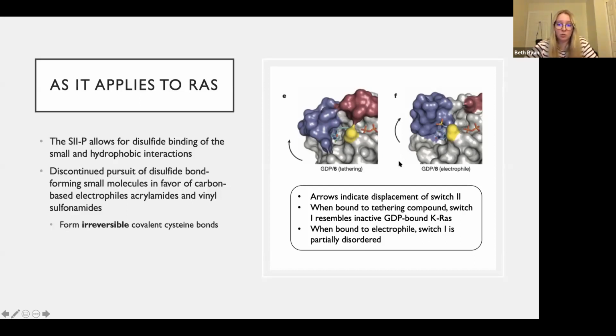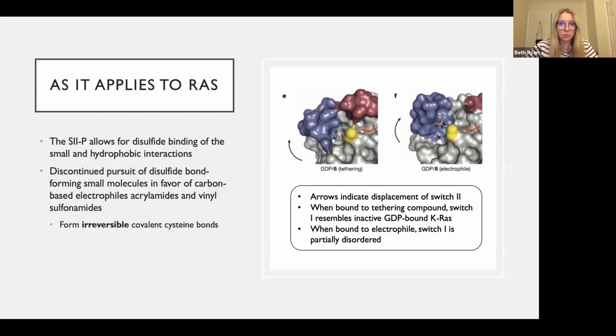But when it's bound to an electrophile, that switch 1, which is over here in red, is actually partially disordered, which is interesting because it causes a lack of coordination with the metal ion, which is good for proper nucleotide binding, which is what keeps that GDP or GTP bound. And because of this, it might increase the affinity for GDP over GTP.